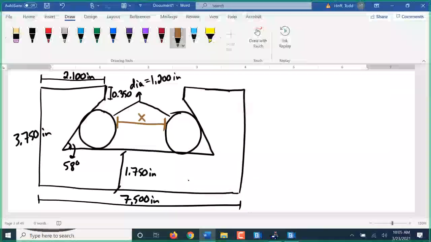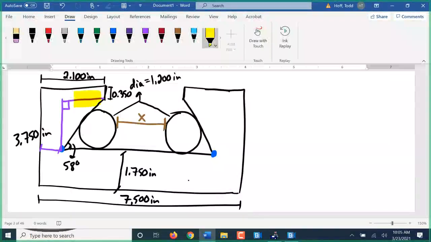First thing that we really need to know is the distance from this blue dot to that blue dot. So the distance between those blue dots can be found if I know this distance. To find that distance, I can use this triangle. Now I had to draw that in.